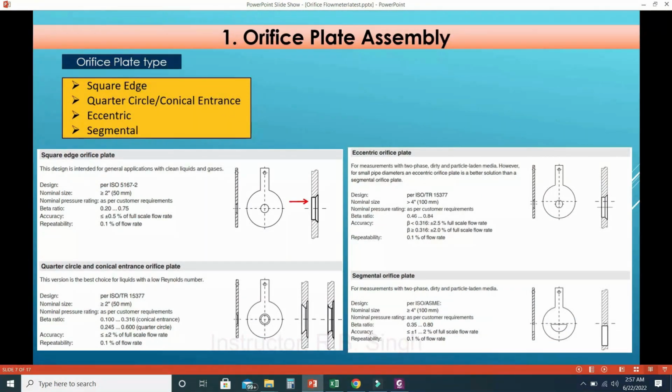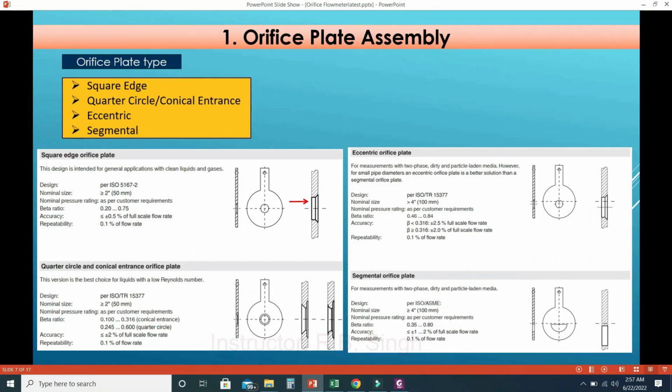Orifice plate types. Orifice plates have different design types like square edge, quarter circle or conical entrance, eccentric and segmental. The most commonly used is the square edge orifice plate, and as per the standard ISO 5167, we can use this plate for pipe sizes of 2 inches or more.